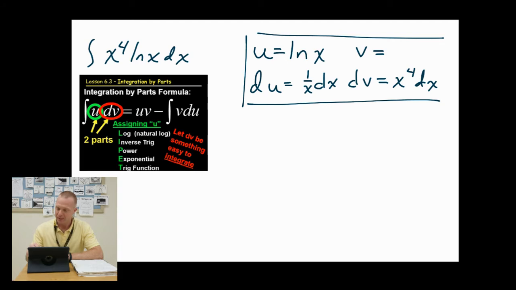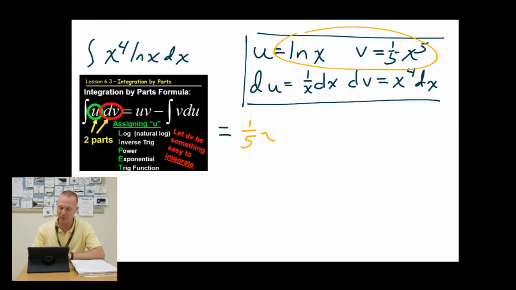Now, the reason that we found this little box of variables is because we want to plug into the formula. You see, the formula says take u times v. So u times v, I got my box of variables. That's just going to be ln times 1/5 x to the fifth. We typically write that with the power function first, although it really doesn't matter.